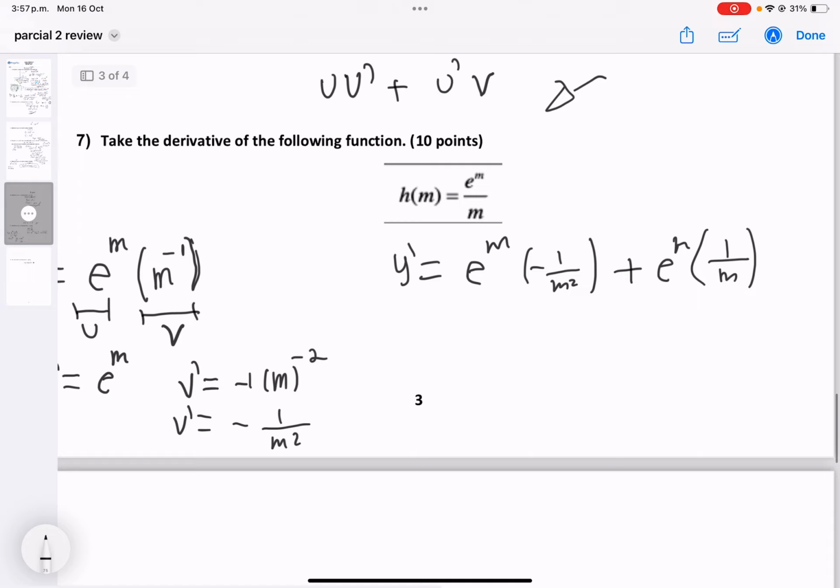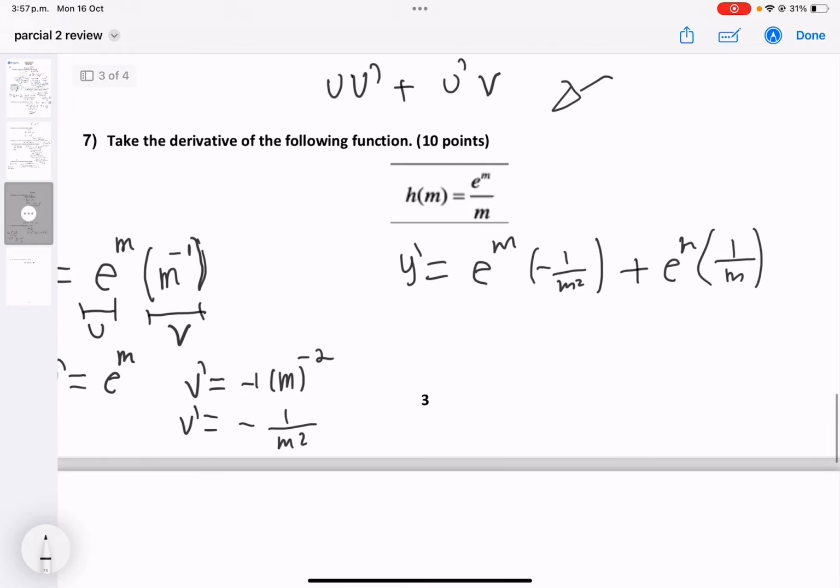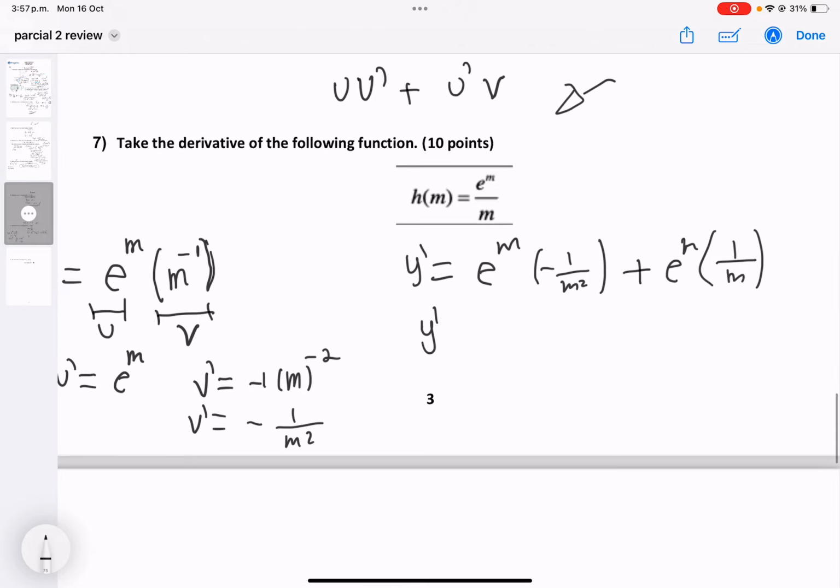And this is a possible answer. I notice here that I have some common terms, so I can factorize what is common, which is this, and then I will have 1 over m plus 1, like this. This is the simplest form we can rewrite this.